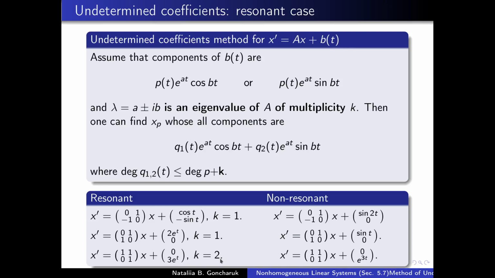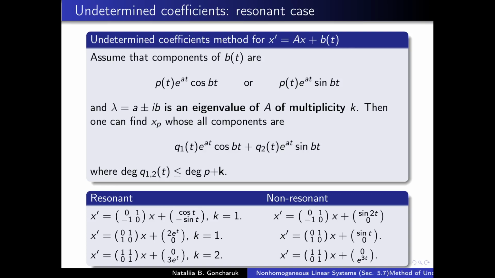The degree of resonance is 2, because 1 is a repeated eigenvalue of A. So this is the resonant case with k equal to 2, and when you try to find xp, it will have to involve not just e to the power t, but also t e to the power t and t squared e to the power t. But if I replace B by something that only involves e to the power 3t, then this is a non-resonant case because 3 is not an eigenvalue of this matrix.